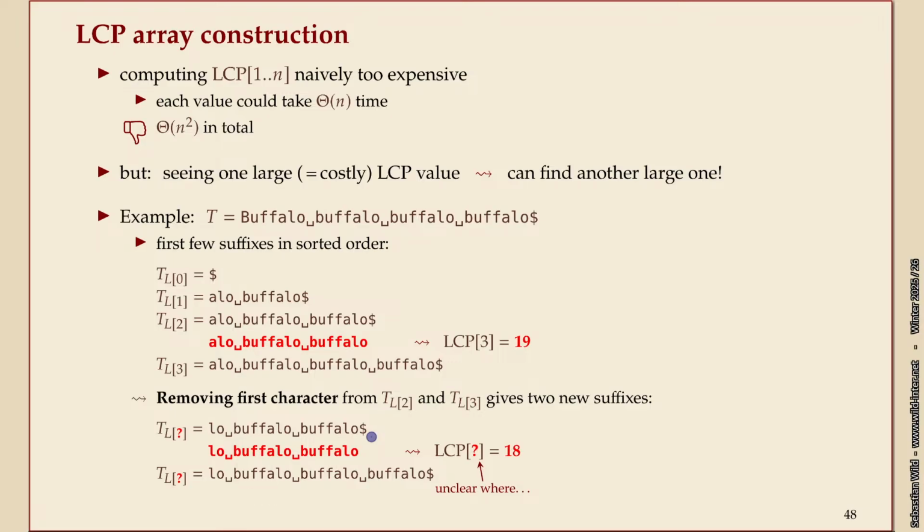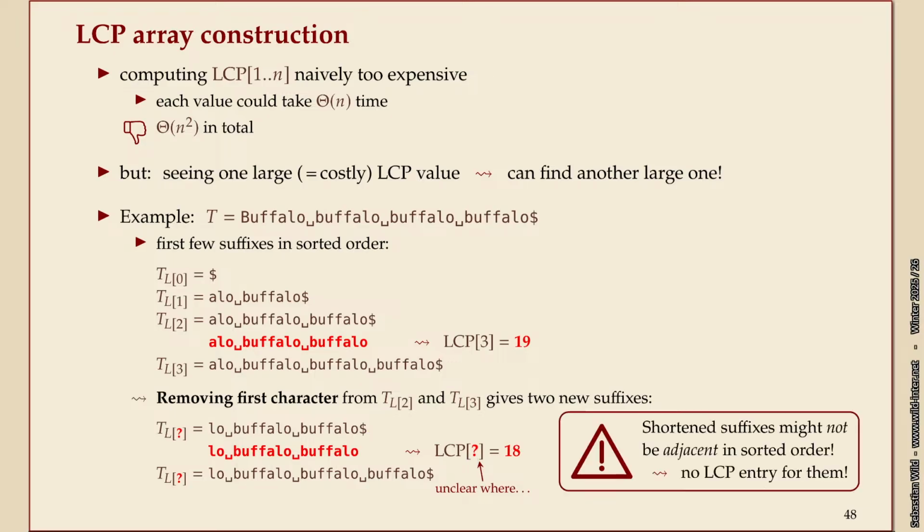The only problem is that we don't know where that is, and it might even be nowhere at all, because who knows if chopping off one character leaves these two suffixes adjacent. Maybe there's another suffix now that smuggles in between, because we've removed a character. A lot of things could happen.